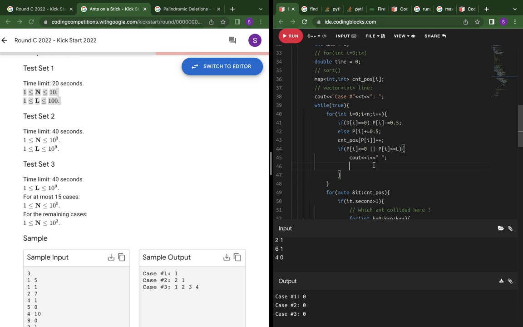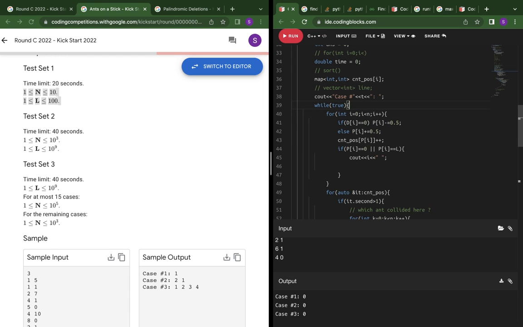But to remove this, what I can do is, since I'm only moving 0.5, that means they will eventually be equal to 0 and equal to L at some point if they were at integer coordinates.